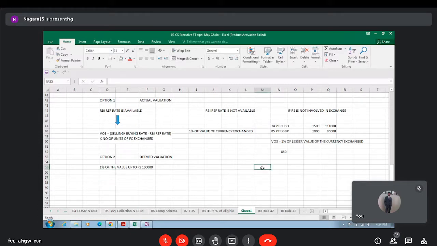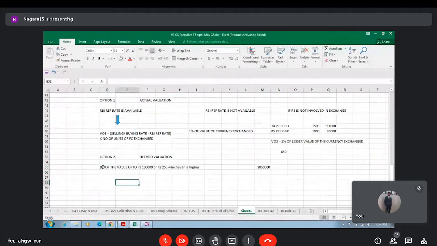Assume you are exchanging 28 lakh 50,000. For the first 1 lakh, 1%. 1% of up to rupees 1 lakh or rupees 250, whichever is higher.